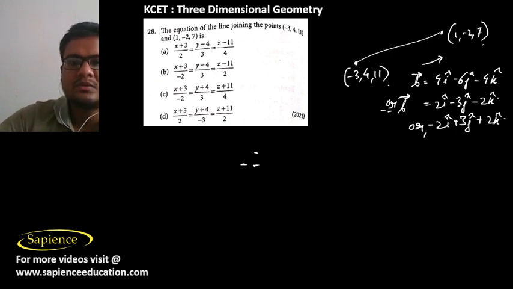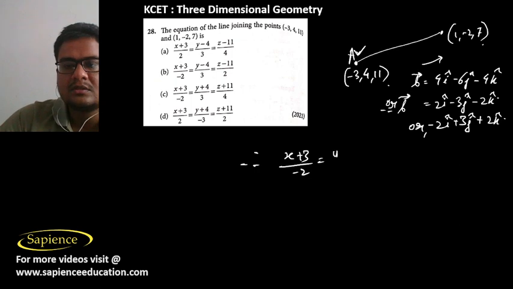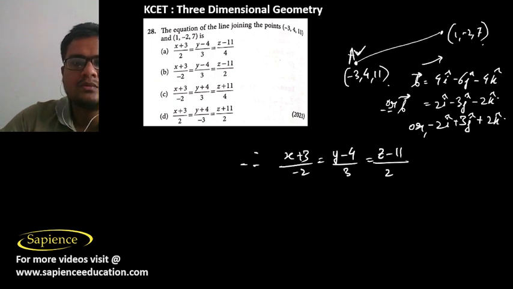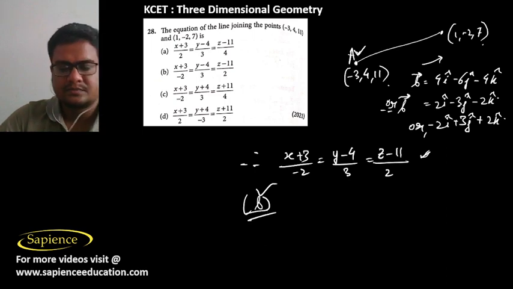Therefore it passes through this point A, so I can write (x plus 3) by minus 2 is equal to (y minus 4) by 3, equal to (z minus 11) by 2. So this is the required equation of the line. Option D is the correct answer.